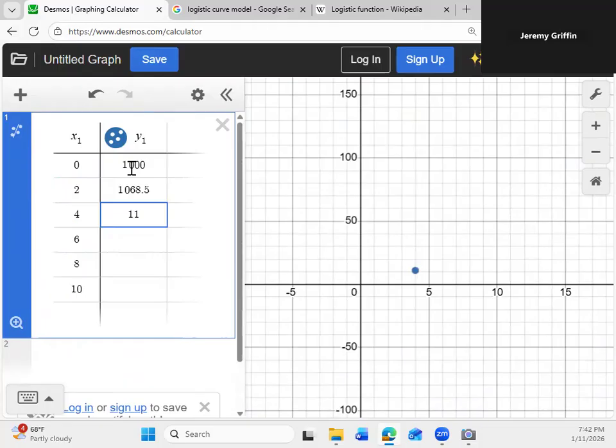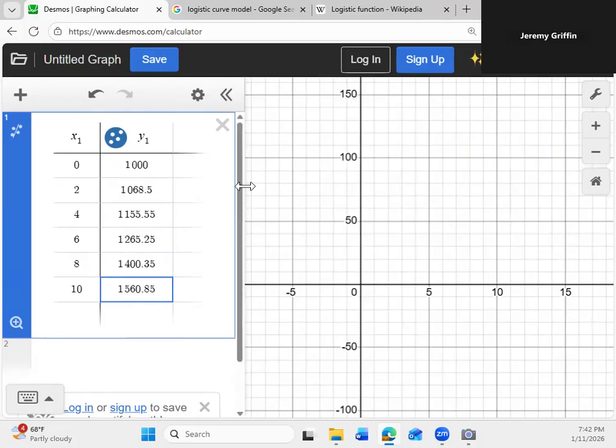Then $1,155.55. Year 6, she has $1,265.25. Year 8, she has $1,400.35. And year 10, $1,560.85.